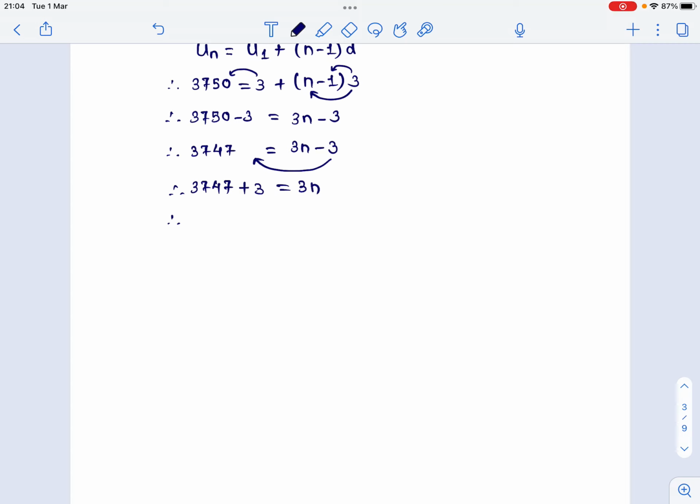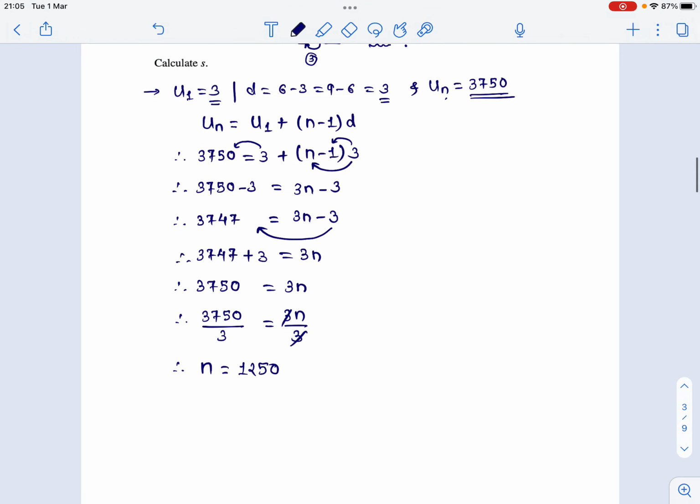It becomes 3750 is equal to 3n. Again divide both sides by 3. So 3750 divided by 3 is equal to 3n divided by 3, which gives me 3750 divided by 3. This is a calculator question, so you are allowed to use a calculator. 3750 divided by 3 is 1250.